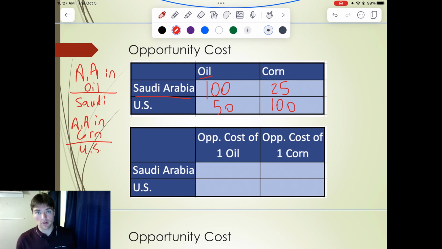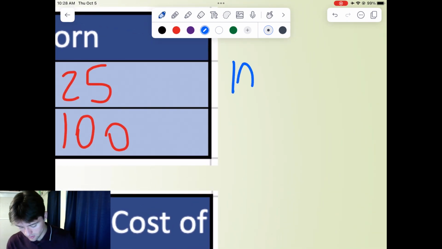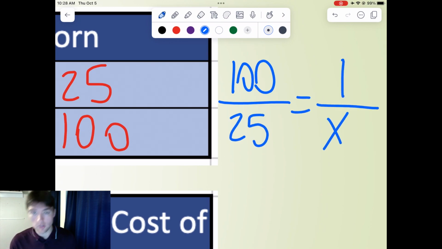Now, the tricky part is finding the comparative advantage. To do this, you need to find the opportunity cost of making one oil. When you make one oil, how much does that cost you? So what we're going to do here is you basically are trying to find a proportion. Saudi Arabia can do 100 oil and 25 corn. If they did one oil, how many corn could they do?